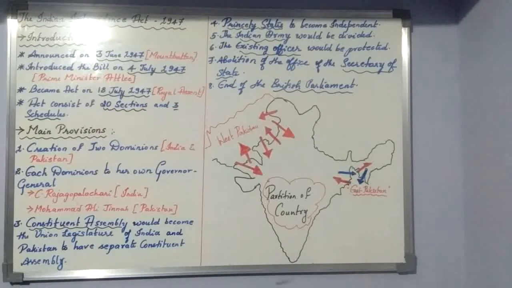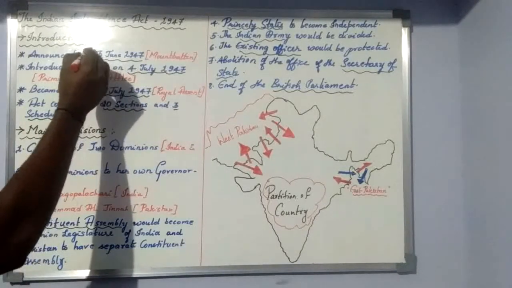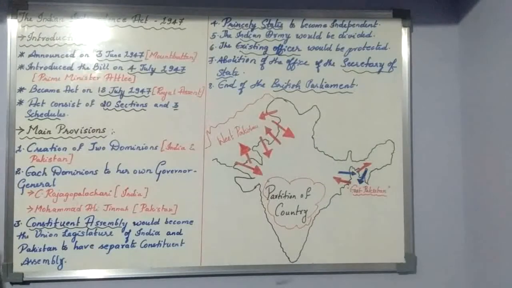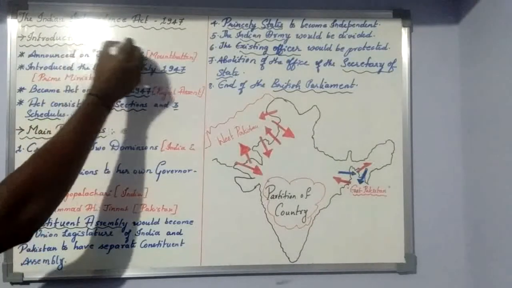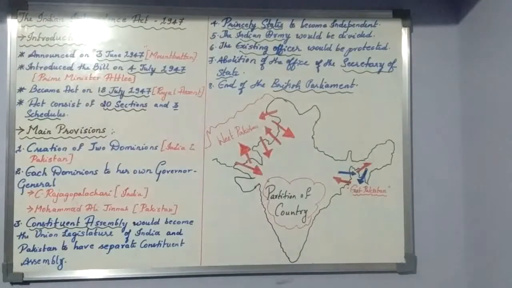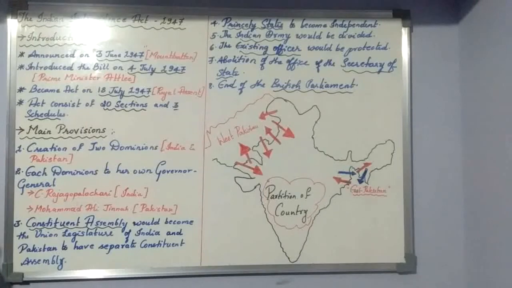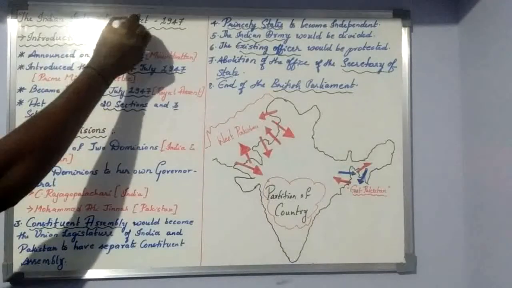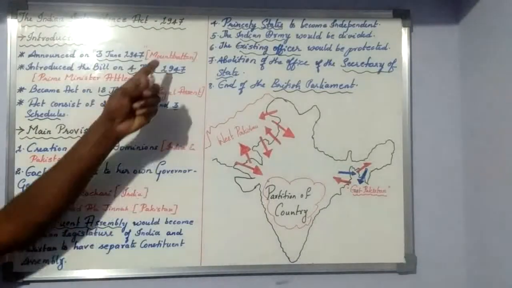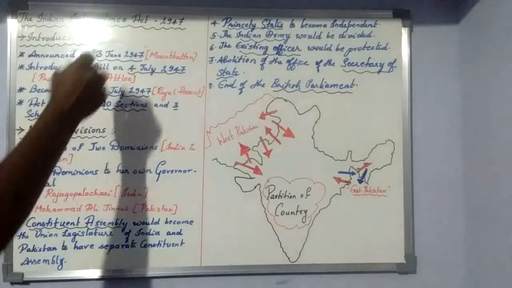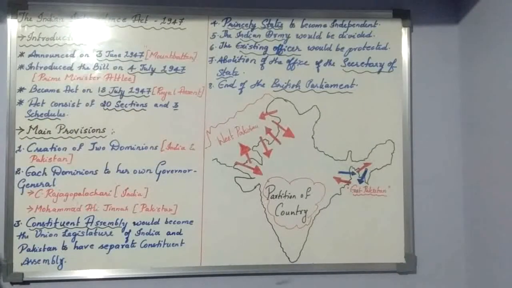After Mountbatten's plan was accepted, Mountbatten announced on 3rd June 1947 that India is going to be given the power under the Indian Independence Act. That announcement was made by Lord Mountbatten on 3rd June 1947.